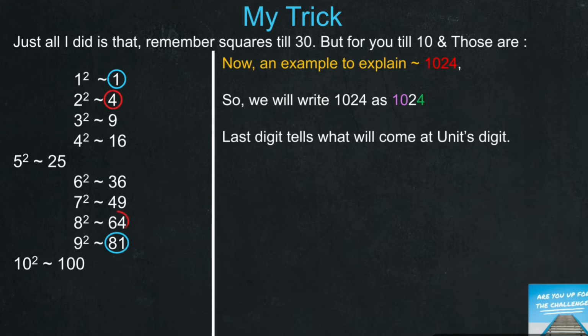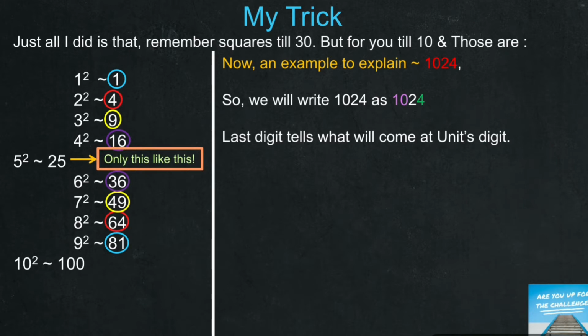Similarly, 2 square 4, 8 square ending with 4, same digit, 3 square 9 and 7 square 49, 9 common. 4 square 16, 6 digit, and 6 square 36, last digit 6. And thankfully 5 square is 25, which is independent, and similarly 10 square is also independent, only ending with 0.